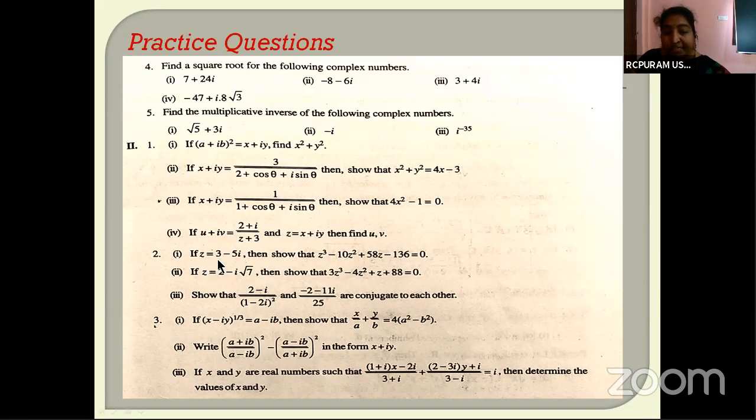If you have z is equal to 3 minus 5i, then show that z cube minus 10z square plus 58z minus 136 equal to 0. And the next problem, 3z cube minus 4z square plus z plus 88 equal to 0. Now for these two problems, my suggestion, or the hint, or the process to make your work easy is you calculate z cube separately.